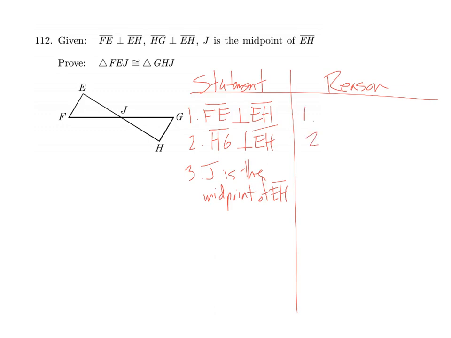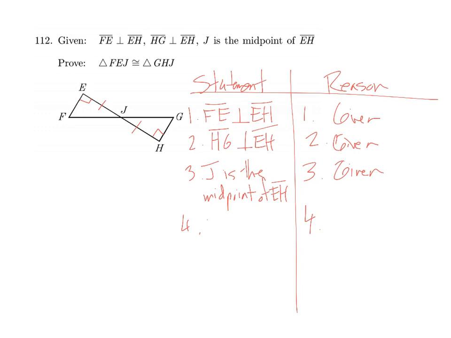So 1, 2, 3, these are all given. Let me label the diagram with this given information. So I have FE is perpendicular to EH. That's a right angle there. And I have HG is perpendicular to EH. J is the midpoint of EH.